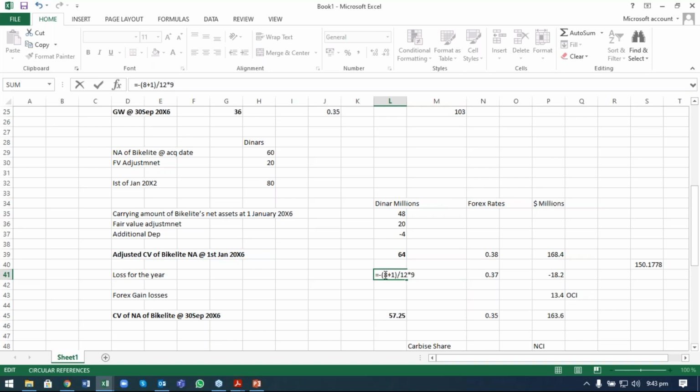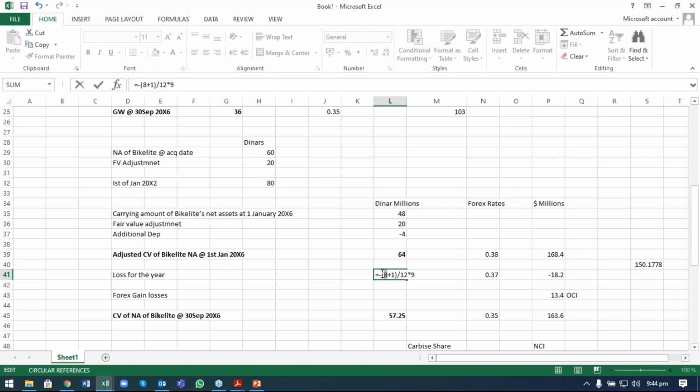Is it clear now? 8 million loss was reported by the subsidiary on standalone basis, and subsidiary was not in a position to adjust those fair value adjustments. Those fair value adjustments are only made by the parent company, not the subsidiary company. So as the parent has made those fair value adjustments, it's the parent's responsibility to charge the additional depreciation.